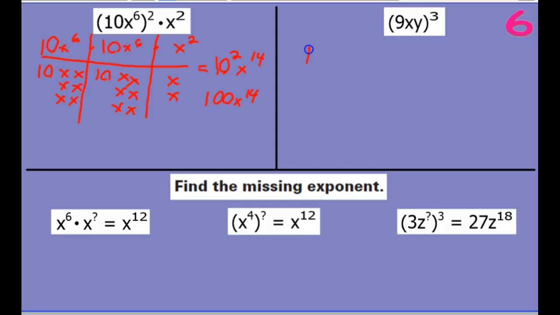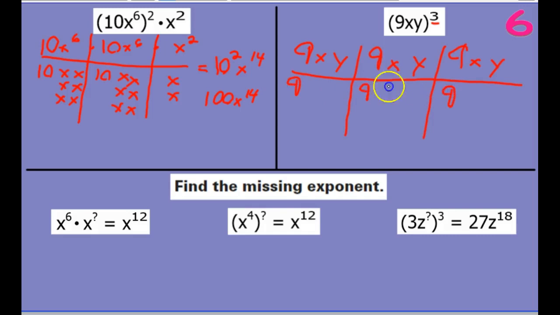Here we have 9xy inside our parentheses, and we have 3 of those. So we're going to write it out 3 times. So we have 9, 9, and 9. 1 9 in each. 1 x in each.